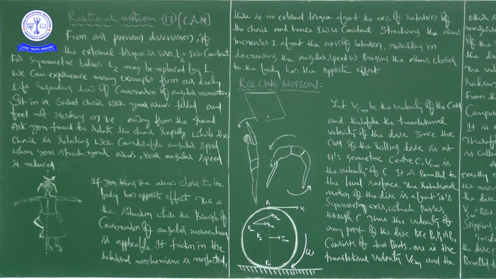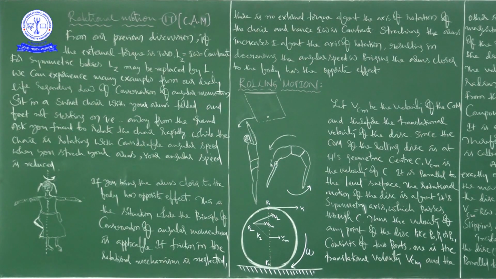But here we are saying that for symmetric bodies, Lz may be replaced by L. So in this law of conservation of angular momentum, if the external torque on the body in rotational motion is 0, then we can write L is equal to I omega is equal to constant. Here the Lz is replaced with L.